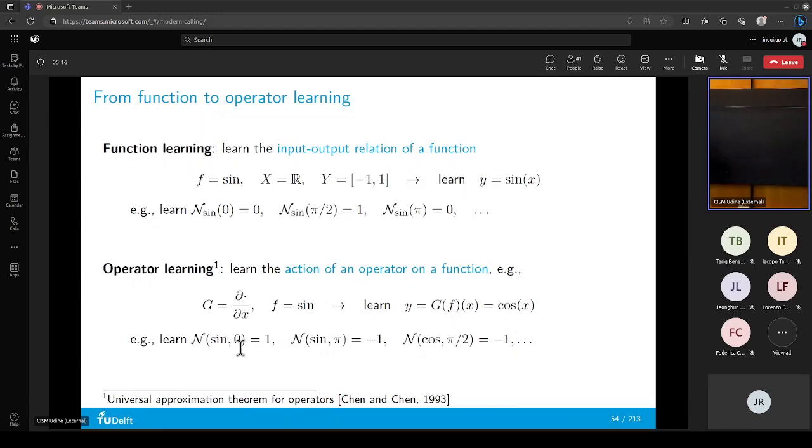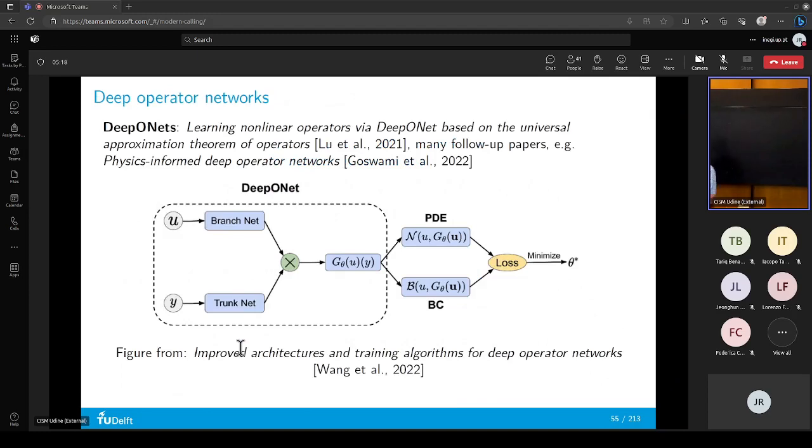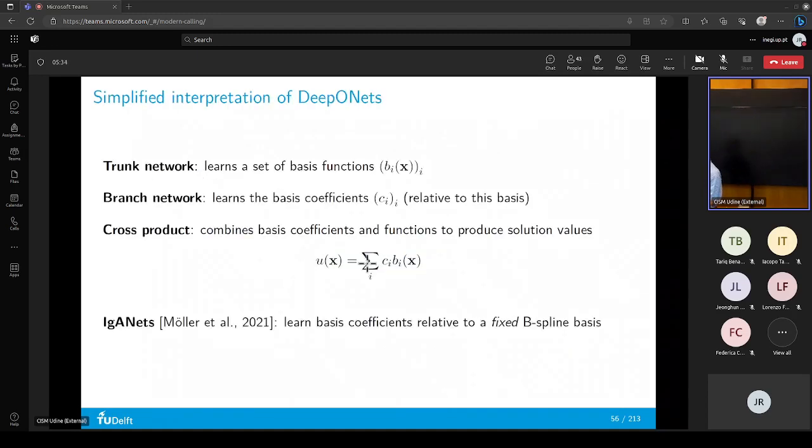That was a very brief summary. You've seen this branch and trunk network that gets dot multiplied, basis times basis coefficients, yesterday. So I guess we can quickly skip over this.